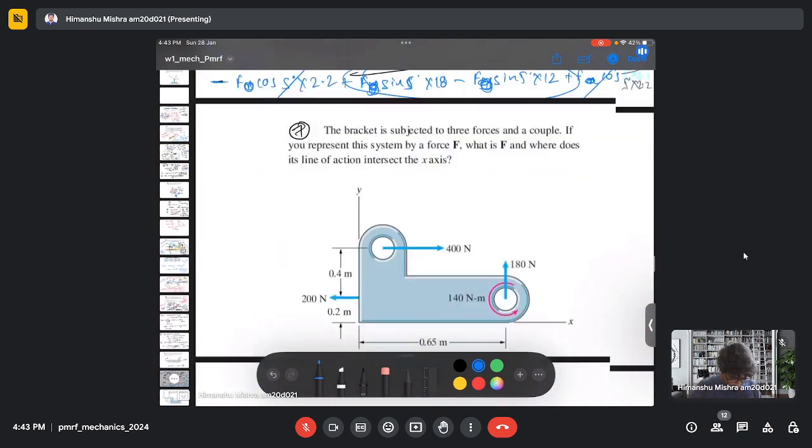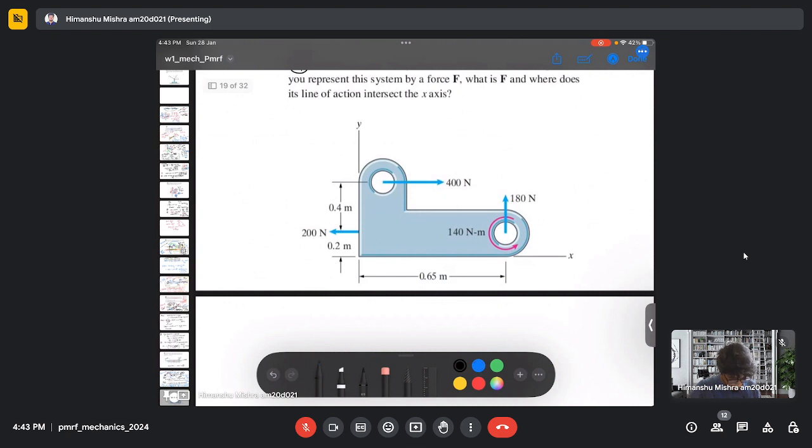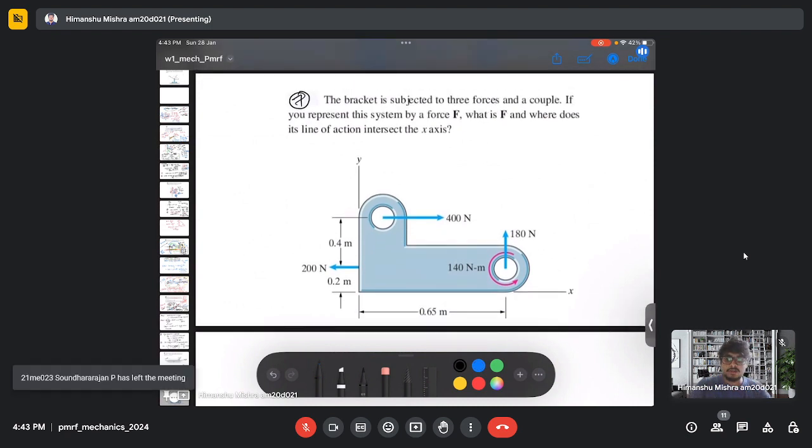So let's see one more question about the same. Here we have a bracket which is subjected to three forces and a couple. If you represent the system by a force F, what is F and where does its line of action intersect the x-axis?